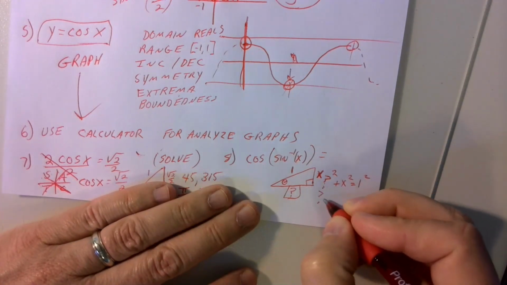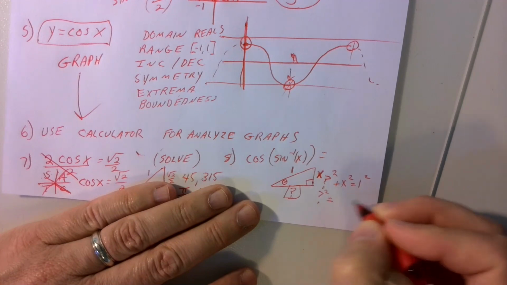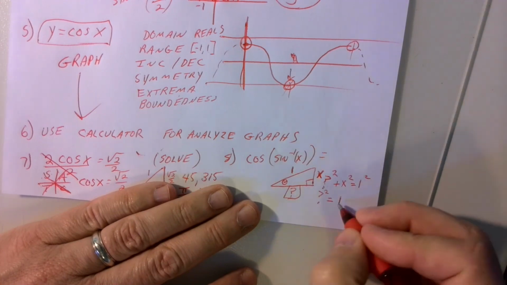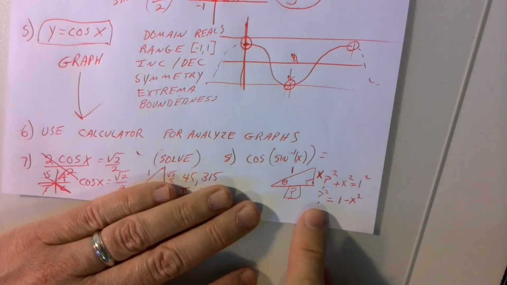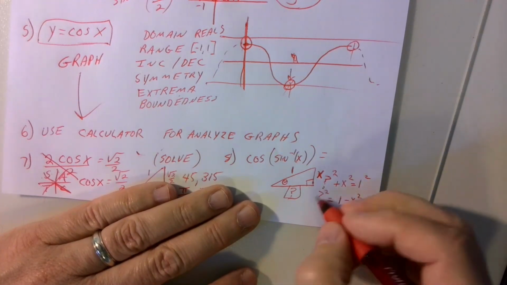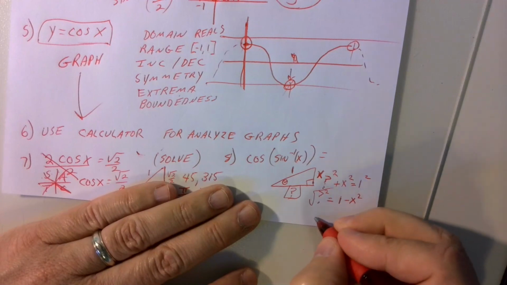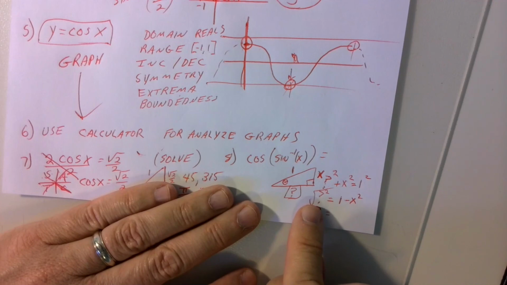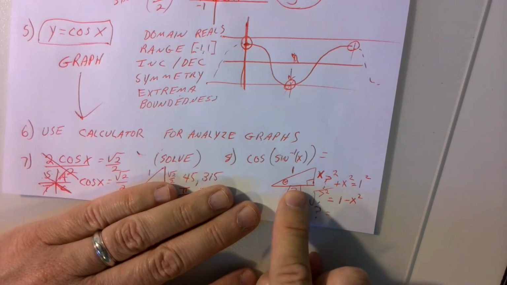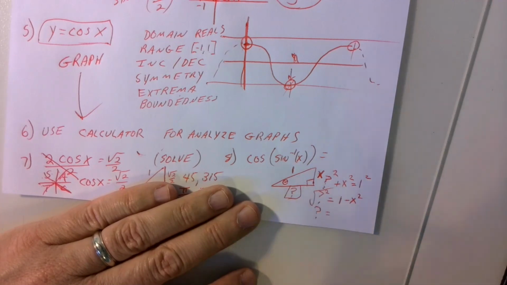So question mark squared equals 1 squared, which is 1, minus x squared, because I moved that to the other side. And then how do I get question mark if I have question mark squared? Well, of course, I square root it. So question mark equals. Now, technically, if I square root a variable, I have to do plus or minus, but because I'm dealing with a distance, I'm going to ignore that.